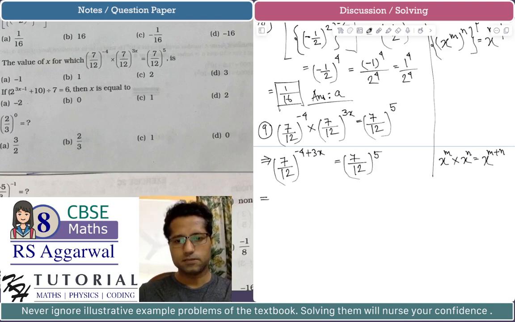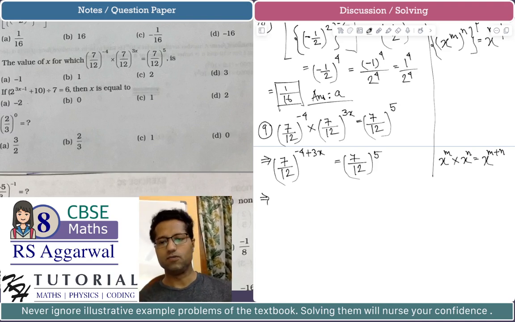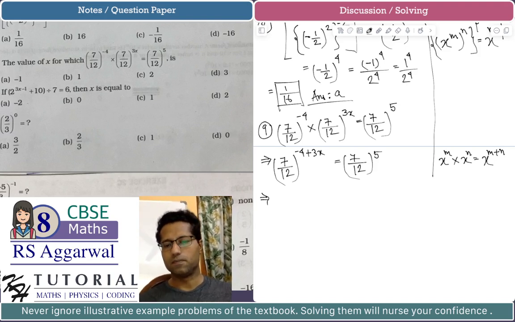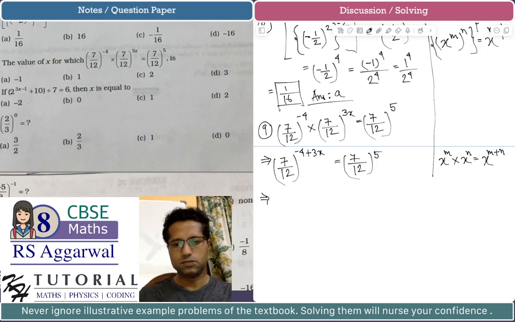So this implies that since on both sides of the equality the LHS and RHS are in the exponential form where the bases are same, that is 7 by 12, the powers must be same. So we must have minus 4 plus 3x equals 5.